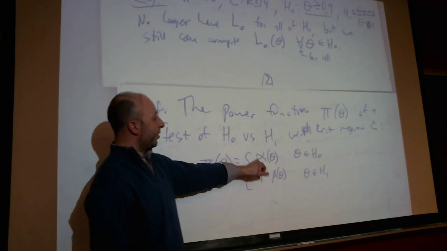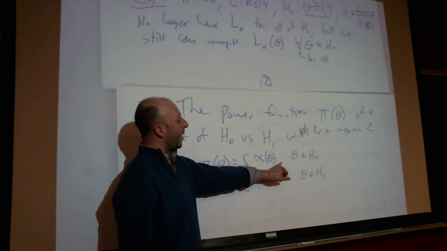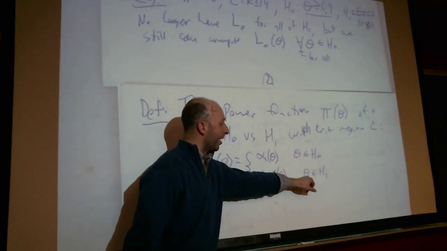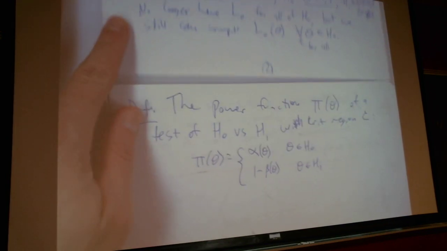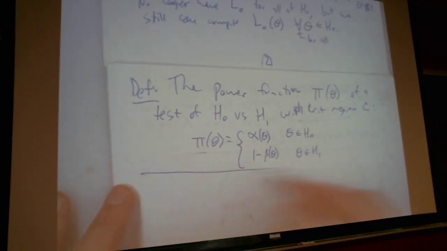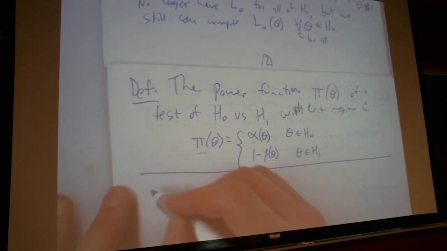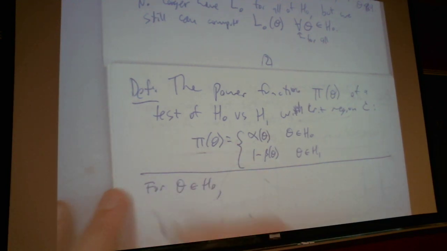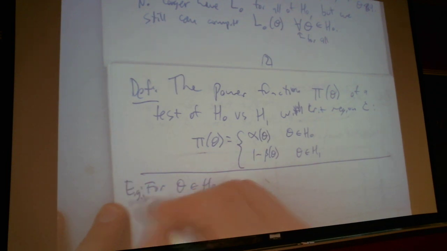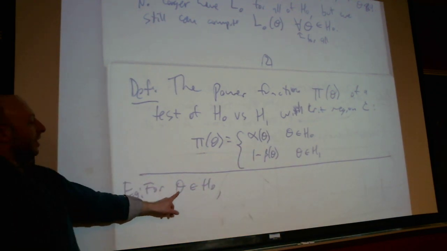So it's either the size or the power of the test, depending on whether theta is in the null hypothesis or consistent with the alternative hypothesis. Let's do it for this example.